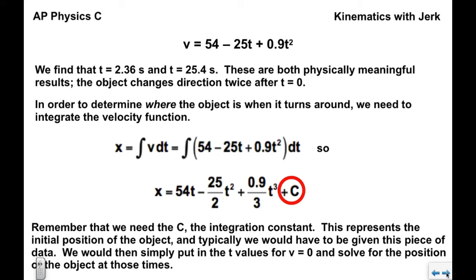The one thing we don't know, at least with this given information, is the integration constant. We don't know the initial position. Typically, we would be given that piece of information. If we had it, we would simply put the two zeros for t into the position expression, and that would tell us where it is at those particular times.